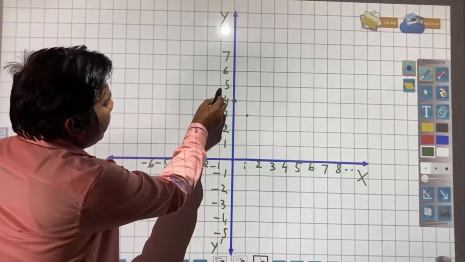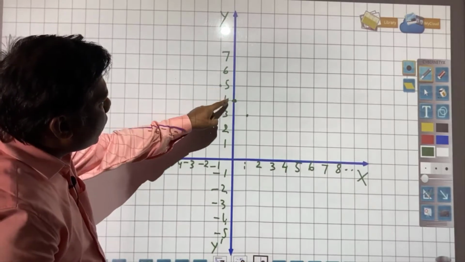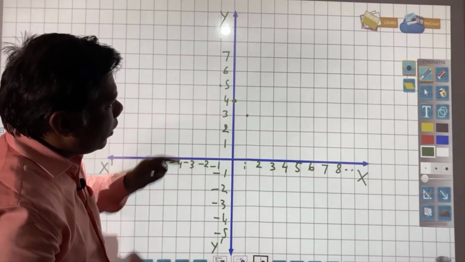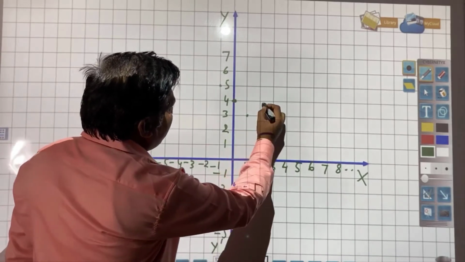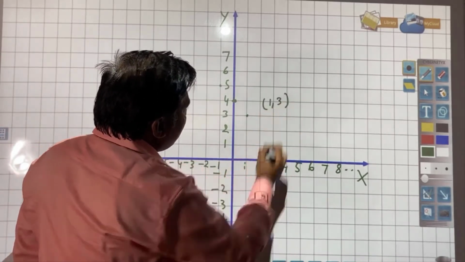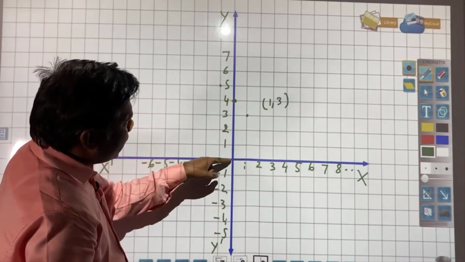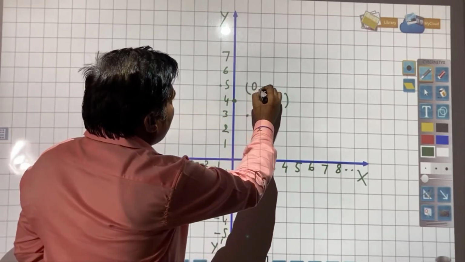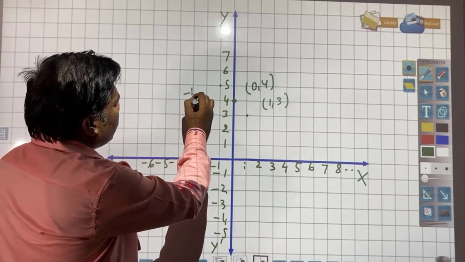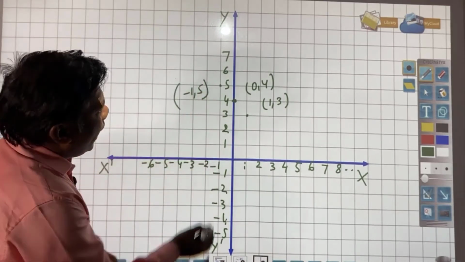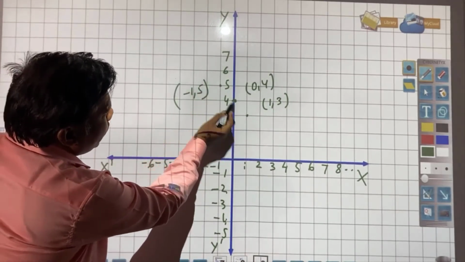So over here. Now 3 points you have got, and your coordinates are 1, 3, then you have 0 and 4, and then you have -1 and 5, and this is required to be joined.